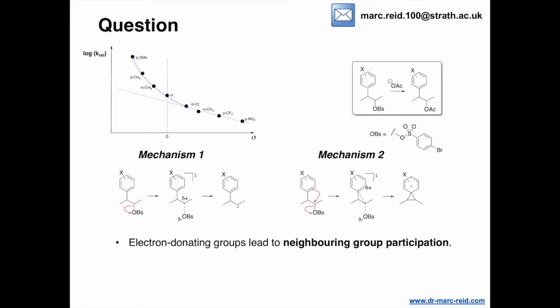In mechanism 2, the aryl ring directly participates in the ejection of the brosylate group, forming a phenonium cation via neighbouring group participation. This mechanism is switched on by strongly resonance-donating substituents such as methoxy, and thus accelerates the reaction rate to a greater extent than would be expected, hence the deviation from the simple linear trend.